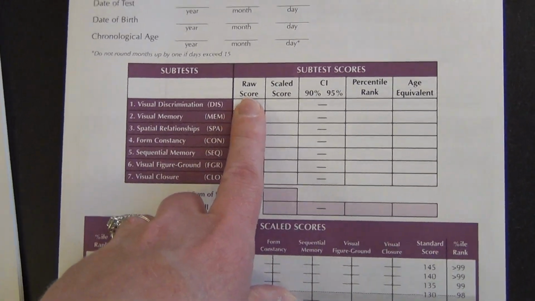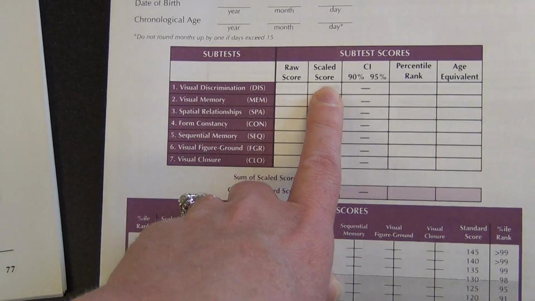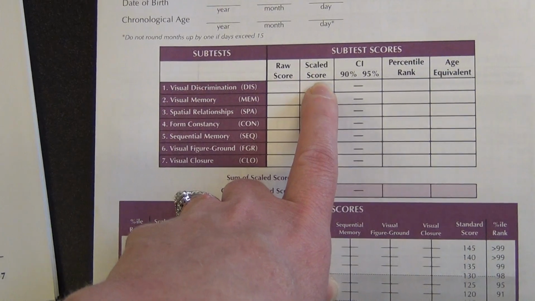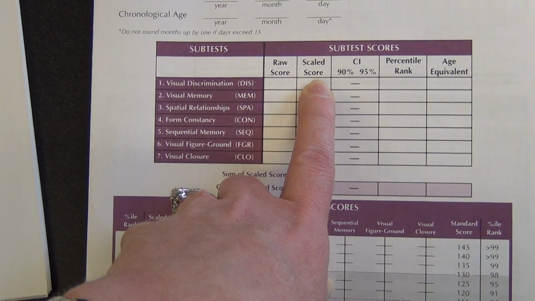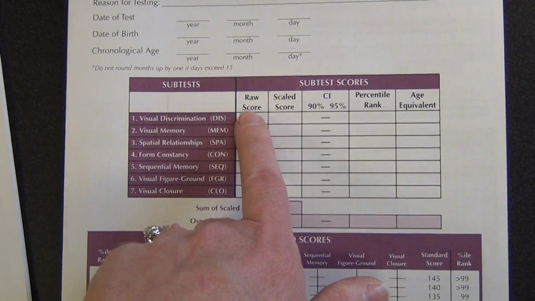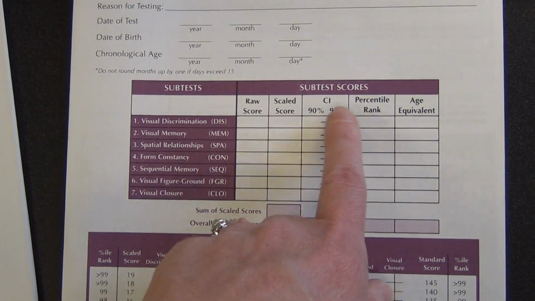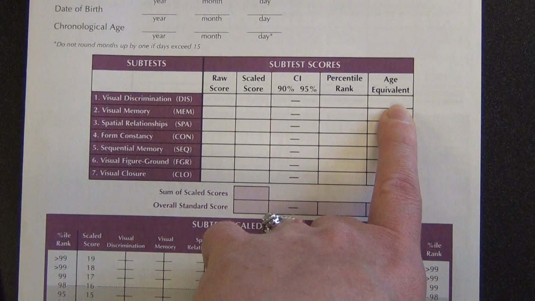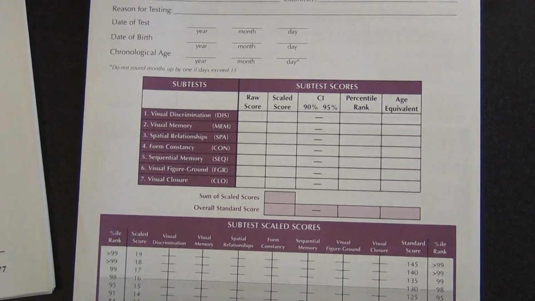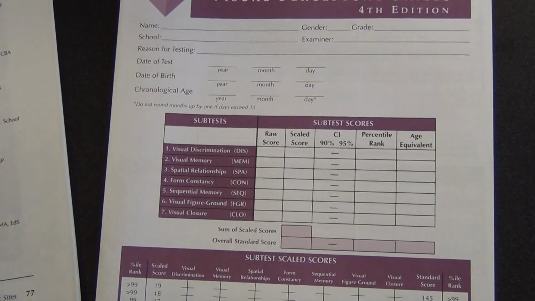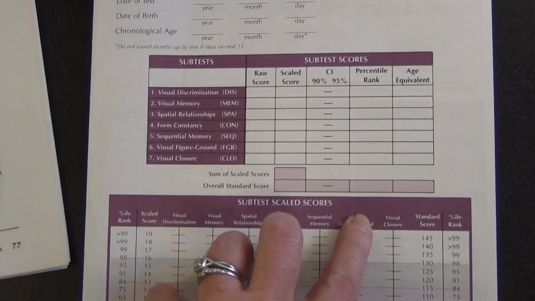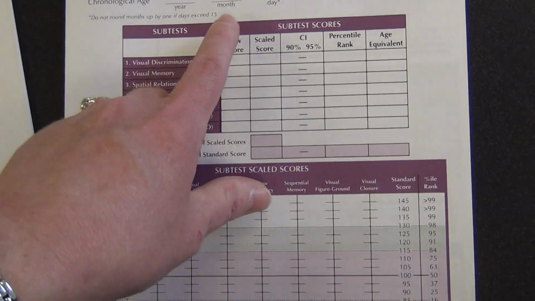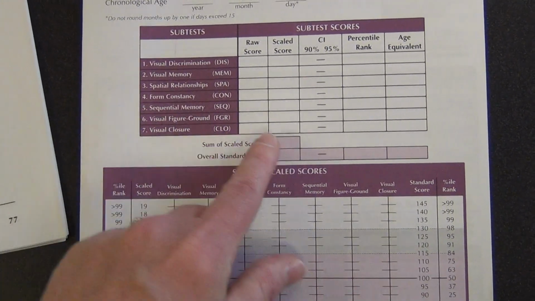You'll take the raw score and figure out the scaled score. There are charts in the manual that will then, based on the raw score and the scaled score, give you the percentile rank and then the age equivalent. The manual is quite in-depth, and it has all those charts for you. You're going to do that for each of the subtests.